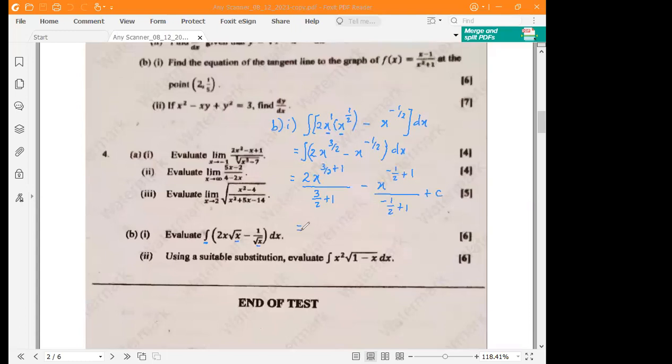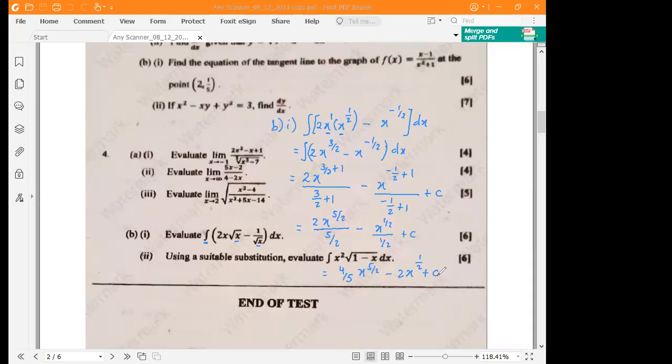So when you add 3 over 2 plus 1, you get 5 over 2. So we have 2x to the 5 over 2 over 5 over 2, minus x to the half over half, plus c. So you may write it as 4 over 5 x to the 5 over 2 minus 2 x to the half plus c.